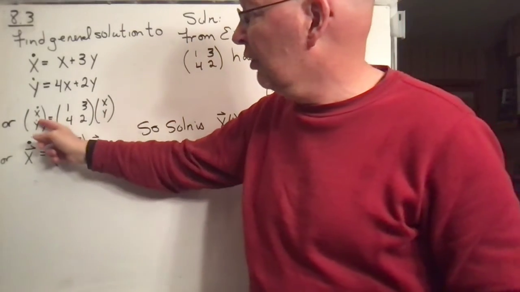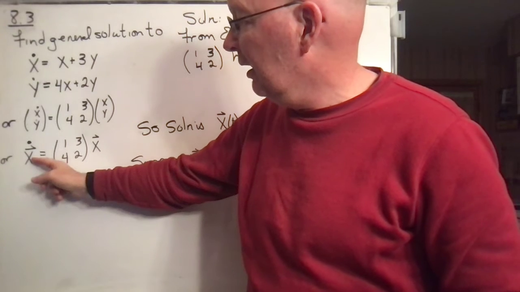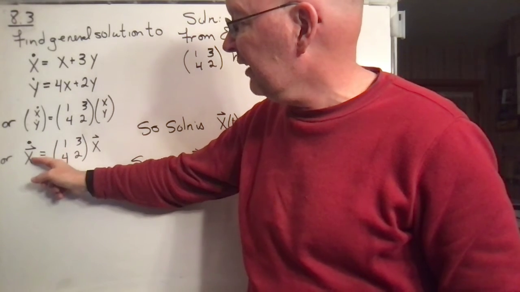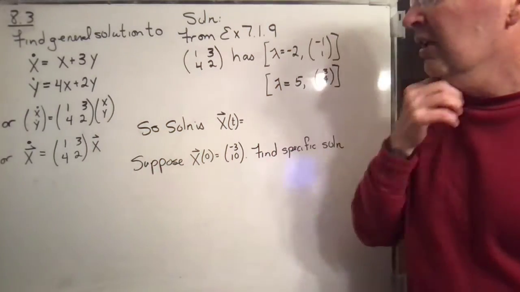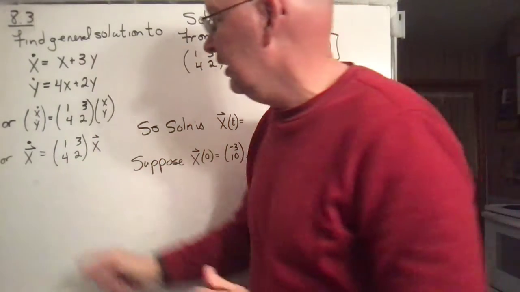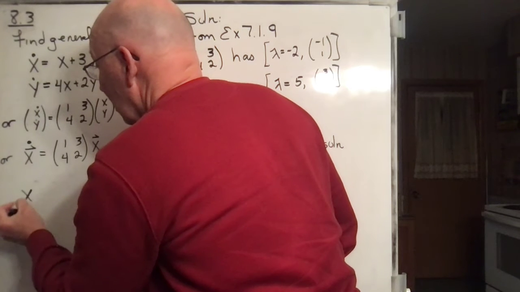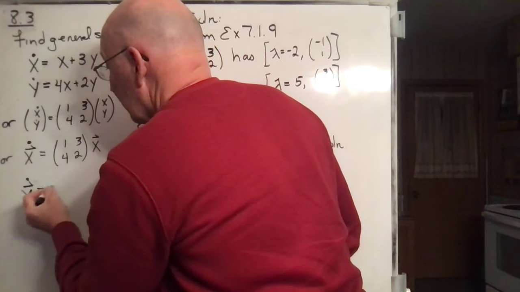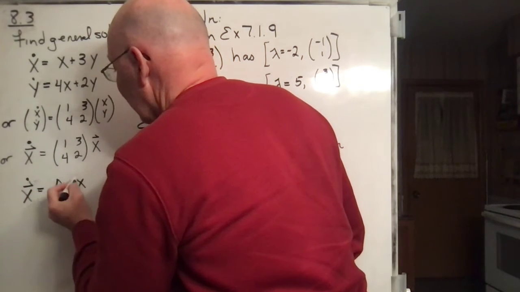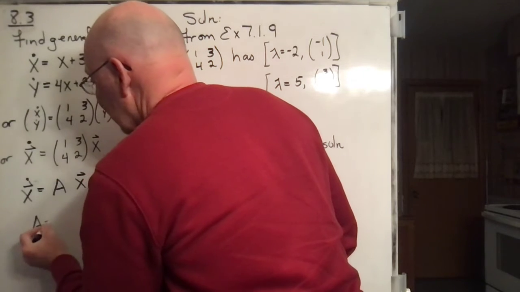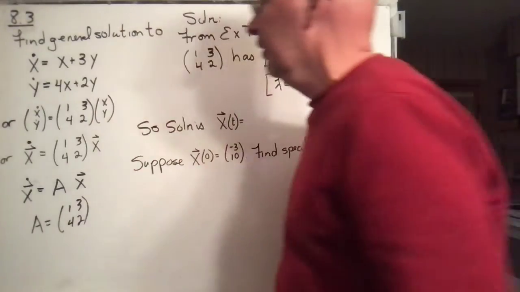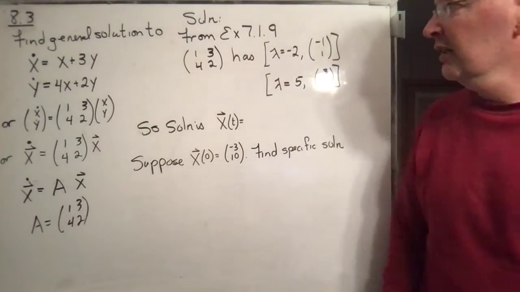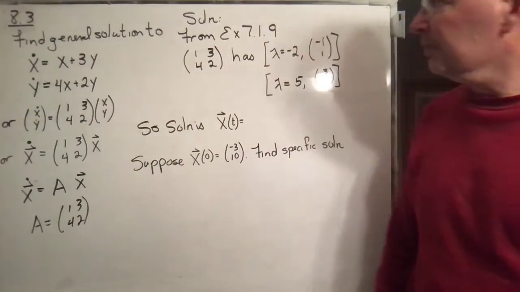Or if you want to, you can call this thing the derivative of the vector x, and then x, y is the vector x. So if you wanted to, you could even say this thing is equal to A times this, where of course A is just equal to 1, 3, 4, 2. So any of those are various ways you'll see it in the literature, including in my textbook.